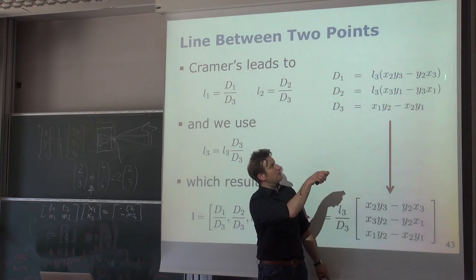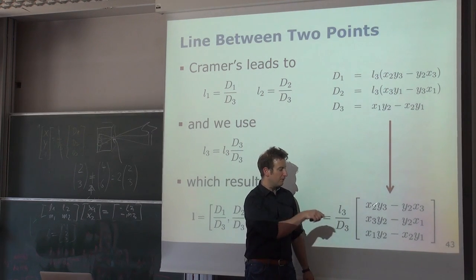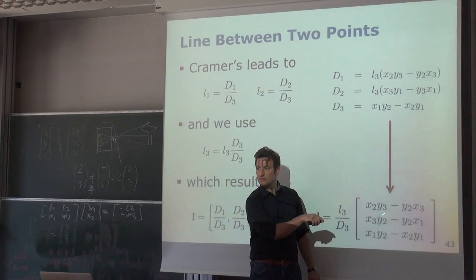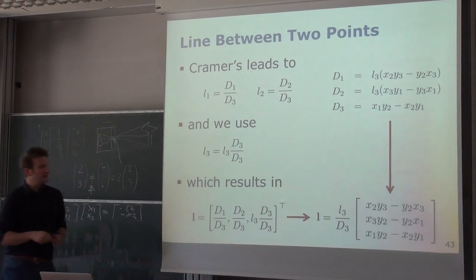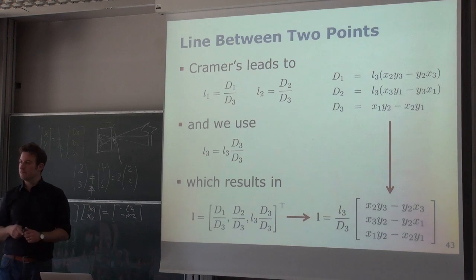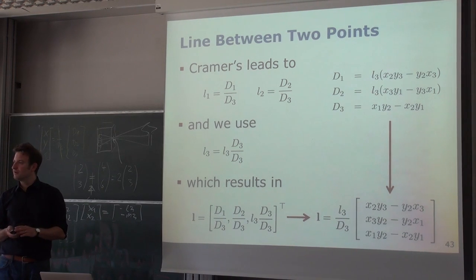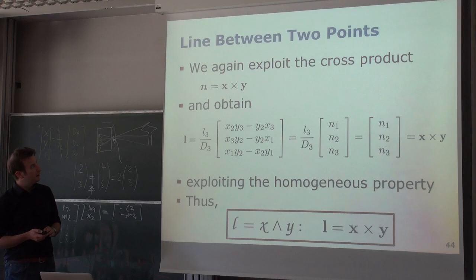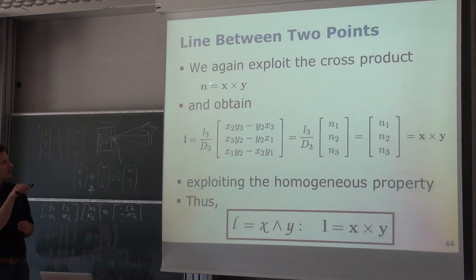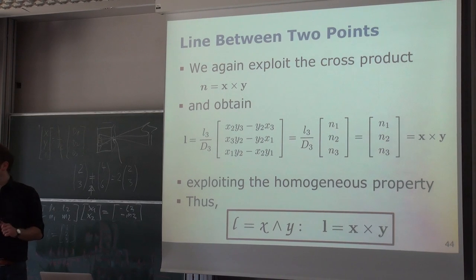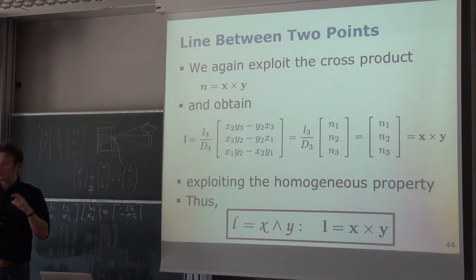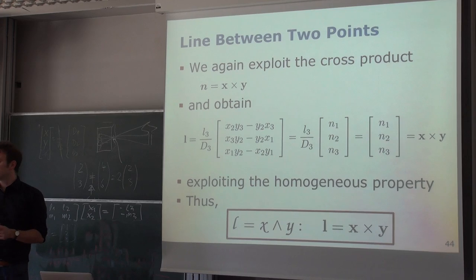And then just the remaining parts form this vector over here. And again, this vector looks pretty much like a cross product. And if I inspect that, I actually realize that this is given by the cross product of the three coordinates of the points x and y.